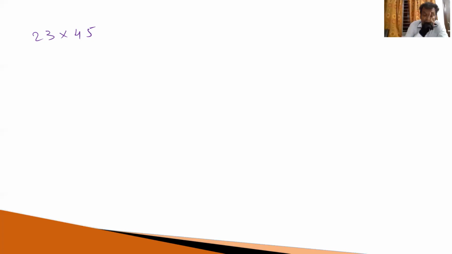Now, when will you get the unit digit? If you multiply the unit digit with the unit digit, you will get the unit digit. When will you get the tens digit? If you multiply the tens digit with the unit digit, so 2 into 5 and 4 into 3. When will you get the hundreds digit? Just multiply the tens digit with the tens digit.